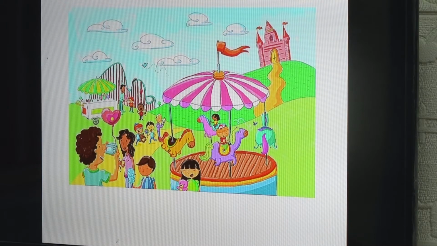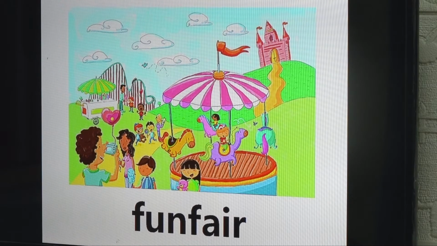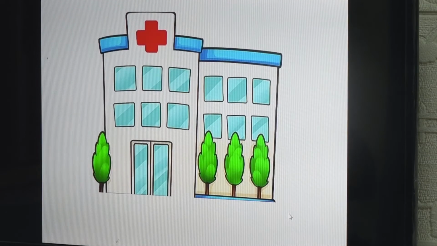And then here we have a place where we can play different games. That's a fun fair, right? Where you can have lots of fun. Let's spell FUN FAIR. Fun fair.